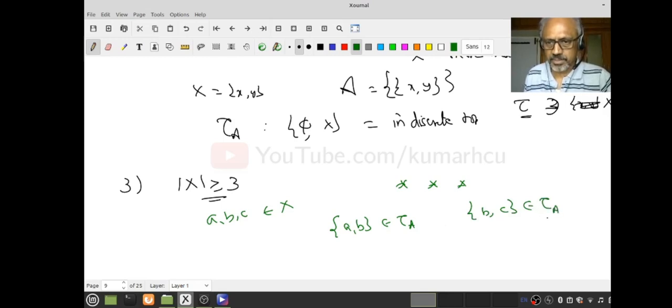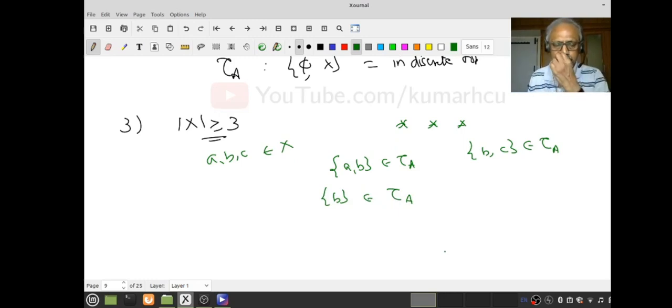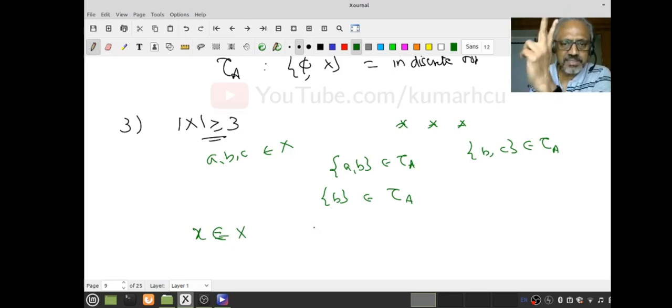Now tau A is a topology. Therefore, the intersection, namely singleton B, must be in tau A. Do you follow that? What do you think I have proved? I have proved that, give me any x in capital X, since X has at least 3 elements, I can find y and z, two distinct elements, each distinct from x.